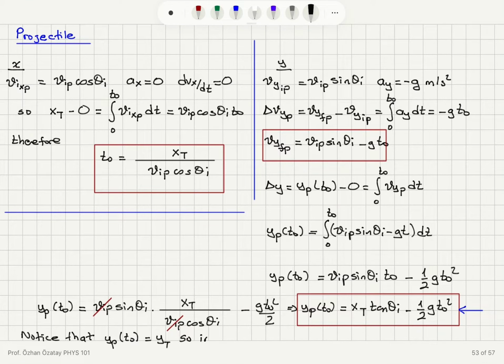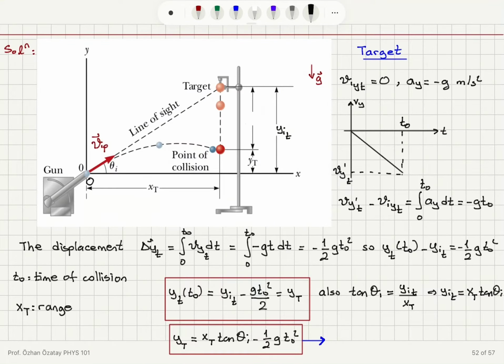So indeed, the projectile hits the falling target. Therefore, the statement that was suggested by the problem is correct.